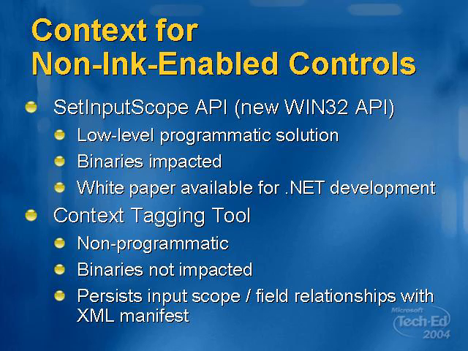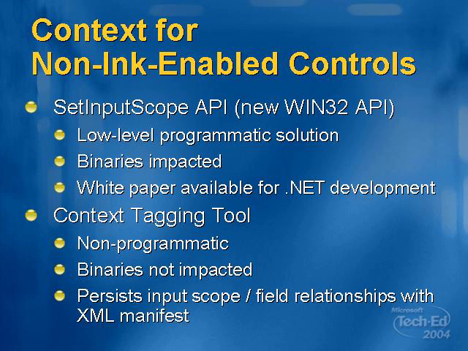Or you can use the context tagging tool. The context tagging tool is a tool that we have created and included in the tablet SDK for this release that allows you a non-programmatic way to context-enable your application. So you don't have to write any new code, and you don't have to recompile and redistribute your executables.